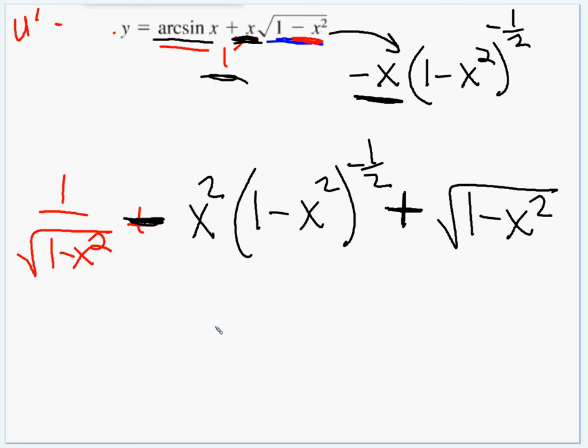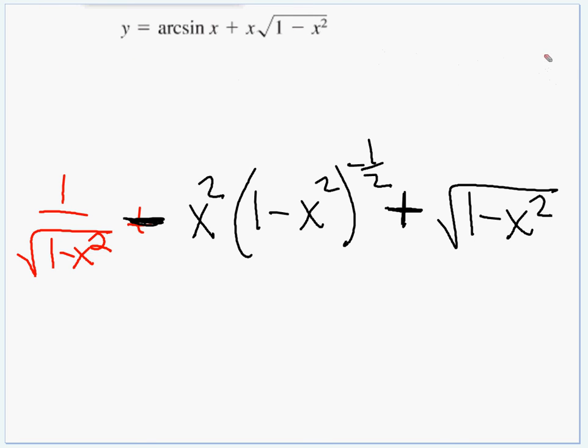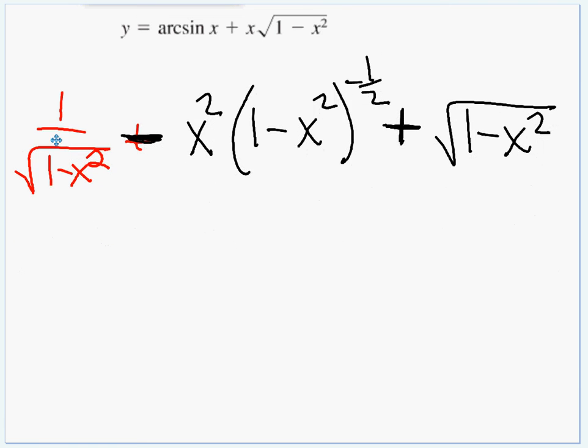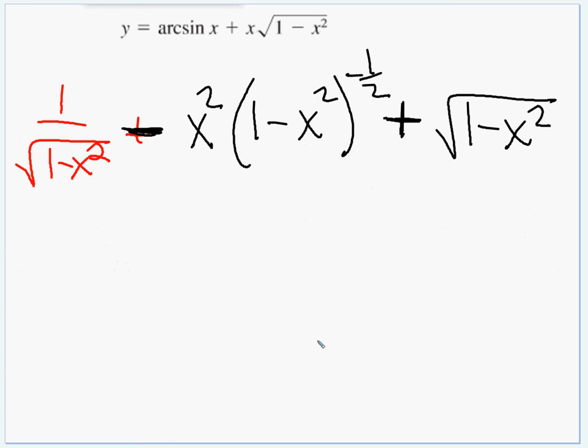Okay, here is our raw derivative, and it's just atrocious. It's got negative exponents. It's still got radicals and different stuff. So let's get all the radicals out of there and turn those all into rational exponents and see what we can do with this. So this first term here in red, well, this down in the denominator is going to be a half power, and let's bring it up.